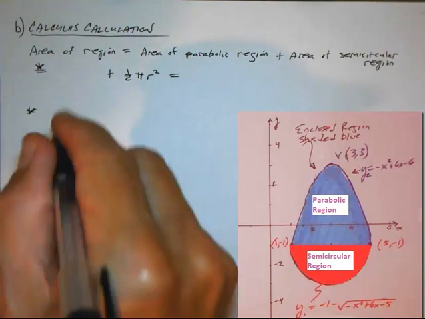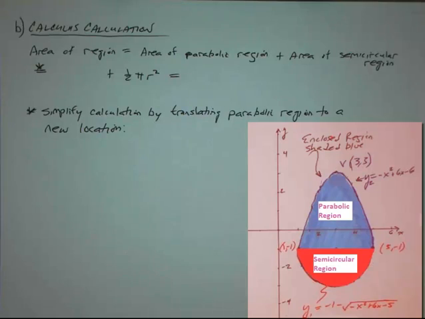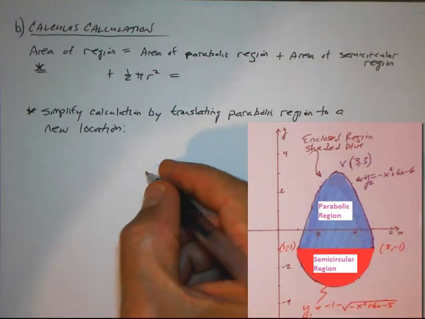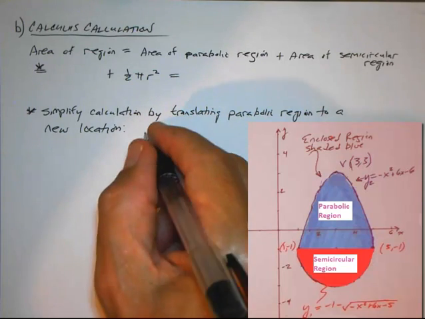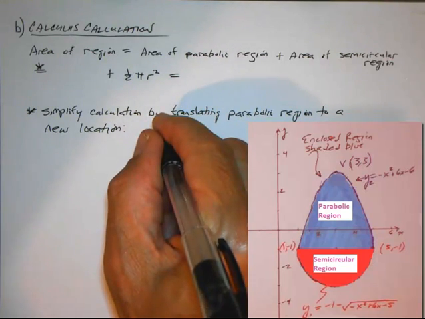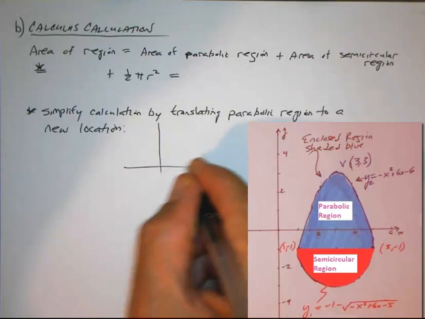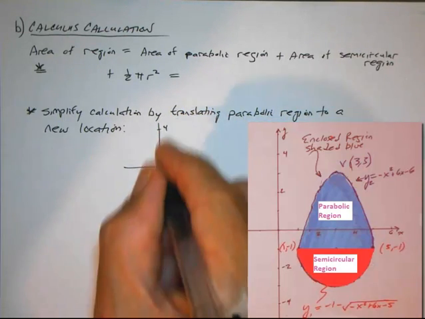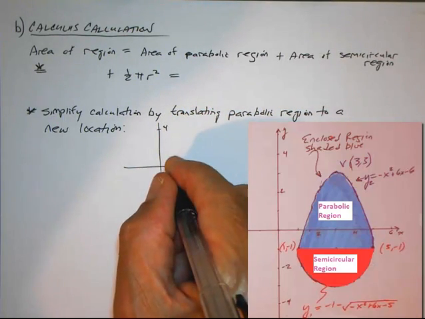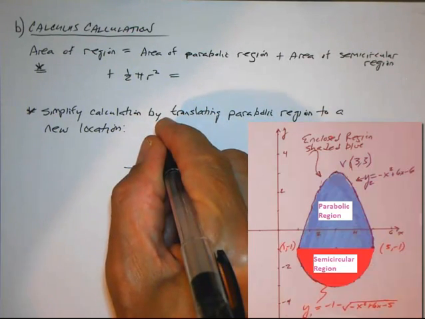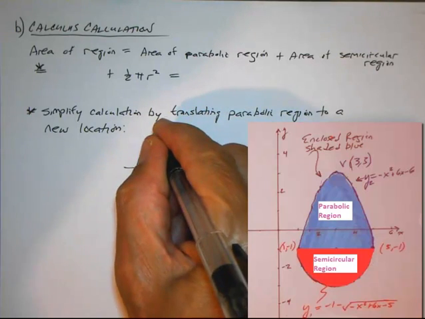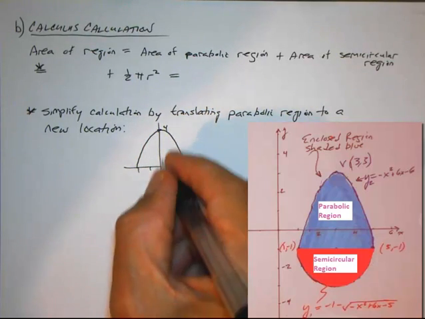So we'll point that out to the reader. And that new location, which I believe would make the calculation as simple as possible, and I'll just do a little hand sketch here because I'm not using this for any graphic approximation, would be to bring it over here to vertex at (0, 4). Like that.